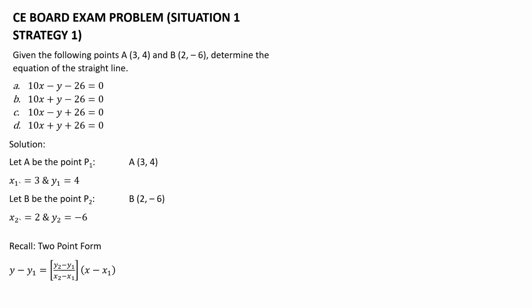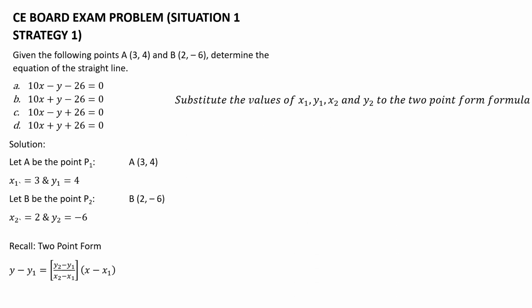We have it as y minus y sub 1 equals y sub 2 minus y sub 1 all over x sub 2 minus x sub 1 times x minus x sub 1. Substitute the values of x sub 1, y sub 1, x sub 2, and y sub 2 to the two-point formula.